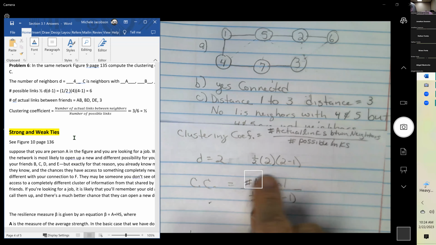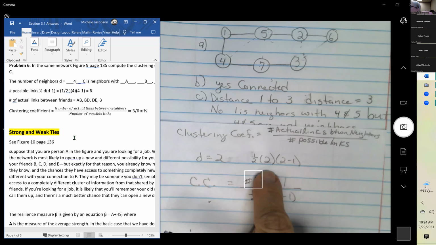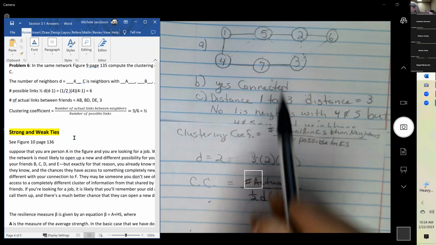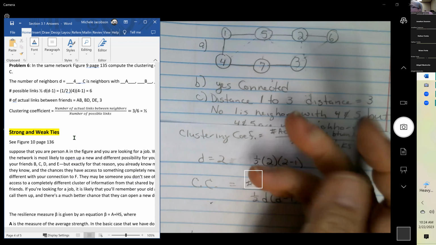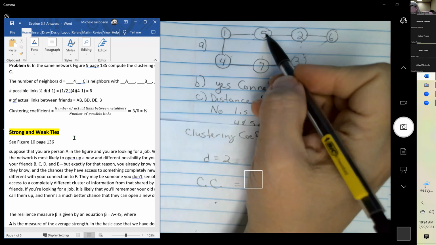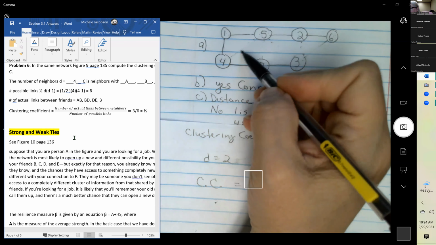Now, when you're finding this possible links, it doesn't mean the ones they can go to. It means from their neighbors, how many of them could be friends. Well, since he only has 2 neighbors, there's only one possibility. This one here.